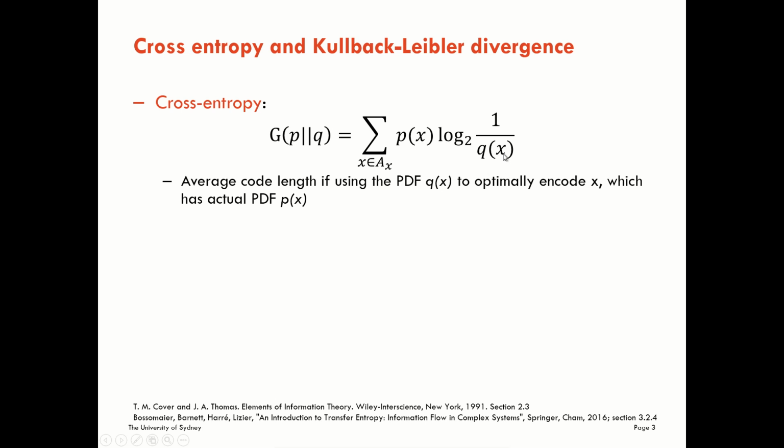If we want to look at what average code length we would then use if we encoded our instances as per Q, then we need to average over all instances x, and we average across the way those x's are actually distributed, which is specified by p. Okay, so that's where the cross entropy is coming from. The average code length that would be used if we use the distribution Q instead of the real distribution P.